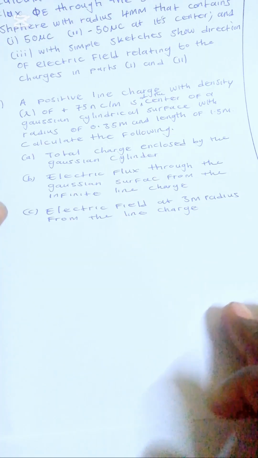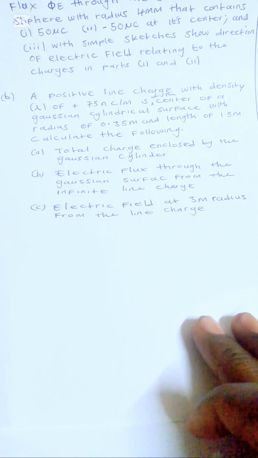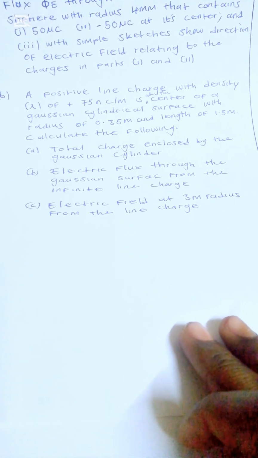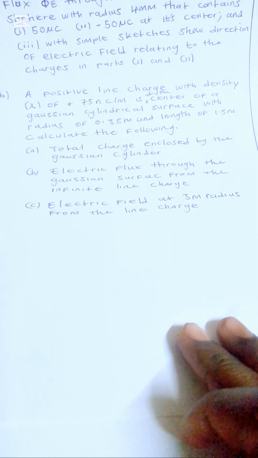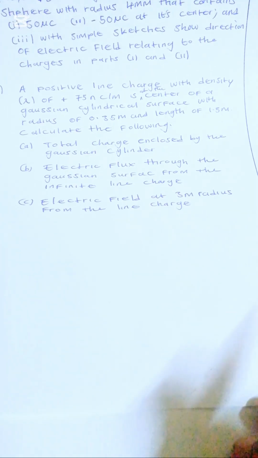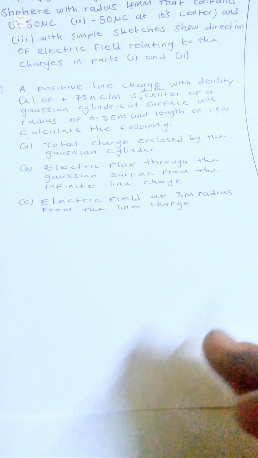Okay, so we'll start from a positive line charge, a positive line charge with the density of 75 nanocoulomb per meter is at the center of a Gaussian cylindrical surface with the radius of 0.35 meters and length of 1.5 meters. Calculate the following. The first question is calculate the total charge enclosed by the Gaussian cylinder.